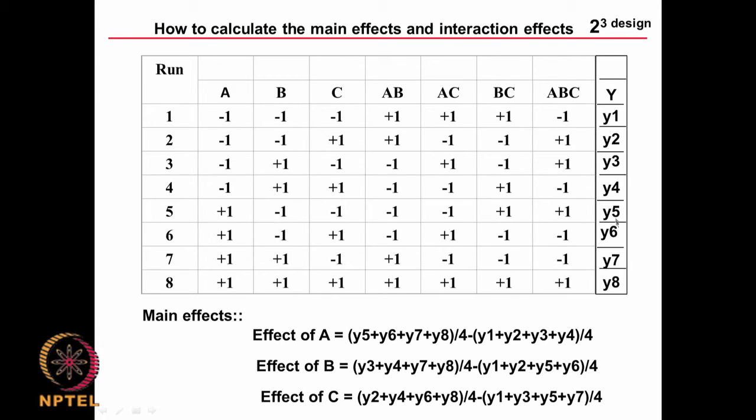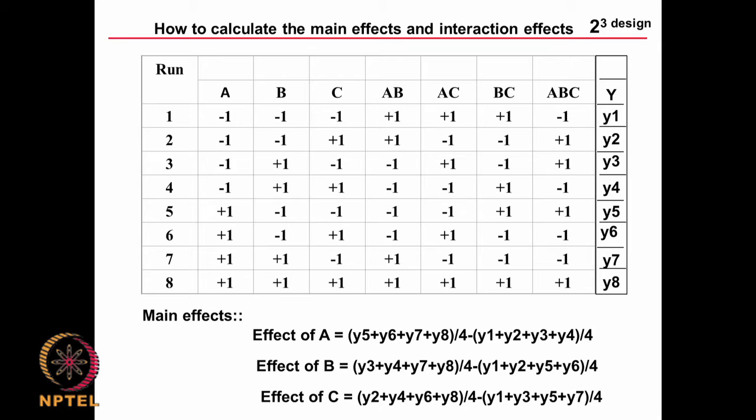So, we take y2, y4, y6, y8, divide by 4, minus 4 minuses here, here, here, here. So, y1, y3, y5, y7 divided by 4. So, this tells you the main effect. What is the effect of say temperature, what is the effect of pH, what is the effect of carbon.